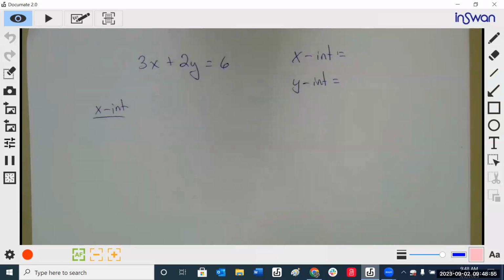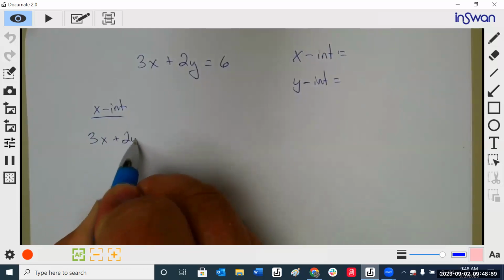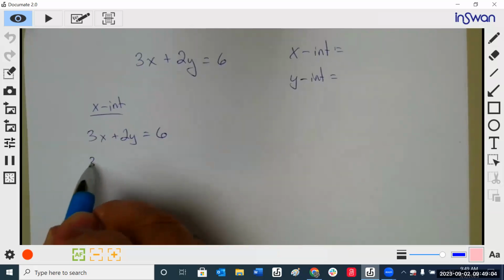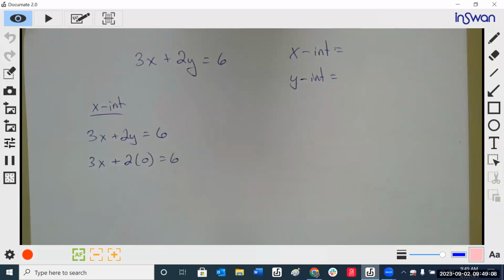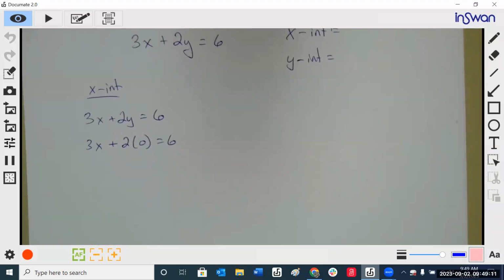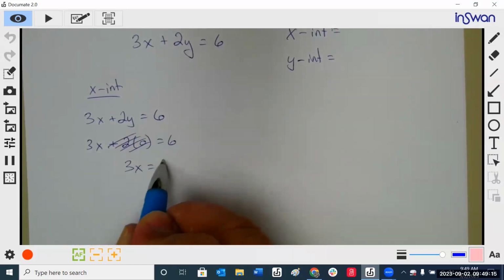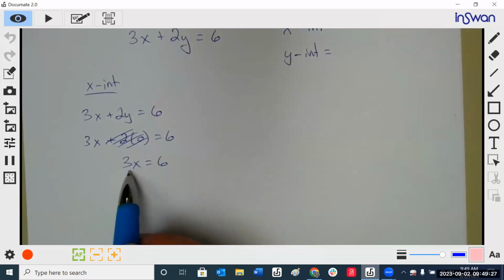Go ahead, you're on the right path. Yeah, so our first step is set y equal to 0, so that disappears. The second step, solve for x. What do we do? How is 3 connected to x?